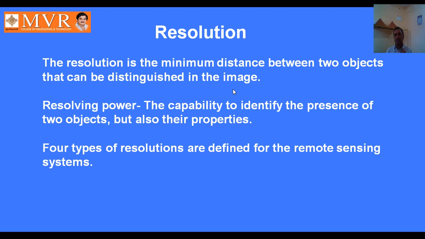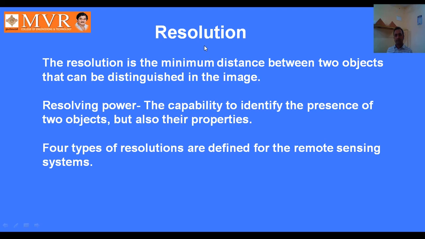If you want to find any resolution, you can identify the brightness value and separate it from the satellite imagery. That brightness value gives the capability to identify the presence of two objects, but also their properties.